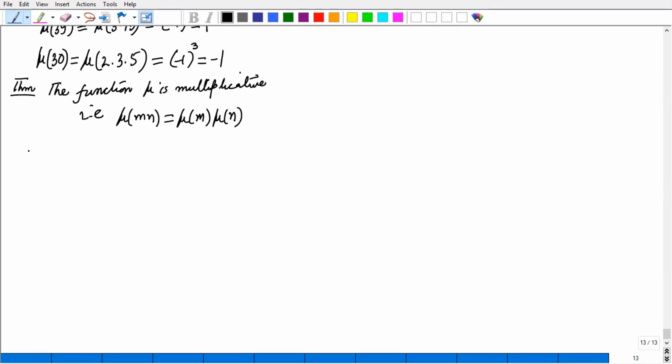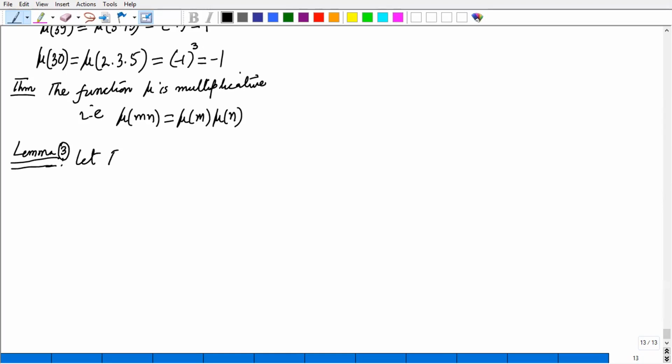But we have a lemma. Actually, we are targeting the Mobius inversion formula. To prove the Mobius inversion formula, we need some results prior to that. So this result, lemma 3, is one of them.